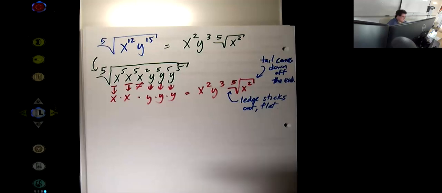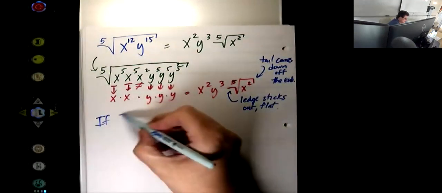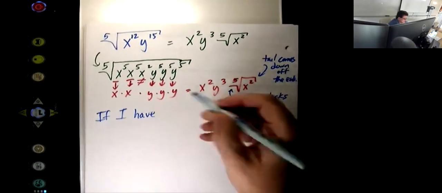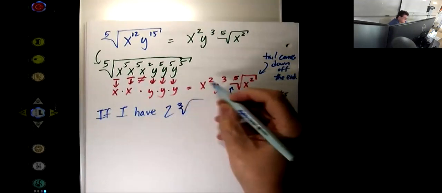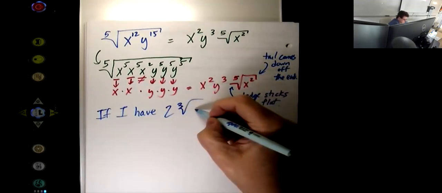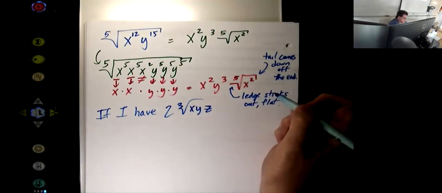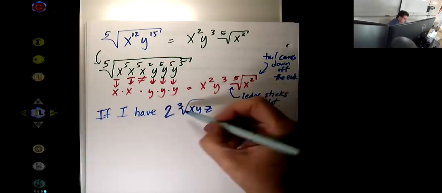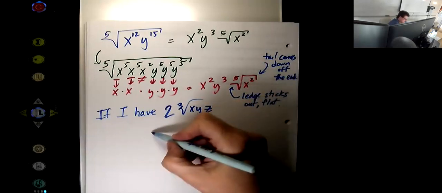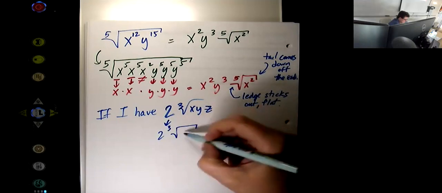The reason why is, if I have a 2 here, what does that mean? Is this 2 cubed times the square root of xyz?